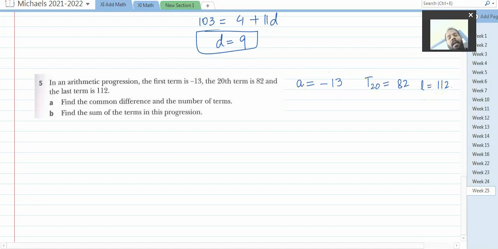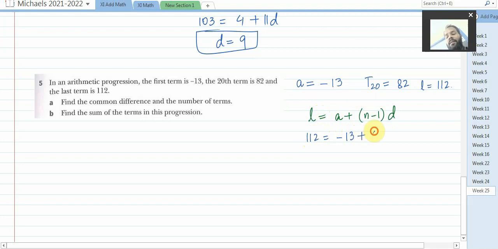If I am going to write down the working formula of the last term, so last term is equal to A plus (n minus 1)D. Alright, if I place the values here, last term is 112, A is minus 13 plus (n minus 1) times D. So there are two unknowns in this question, so it is not possible to solve this equation here.